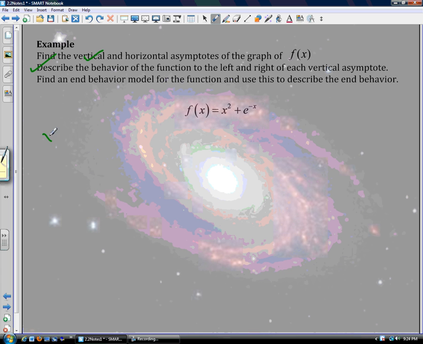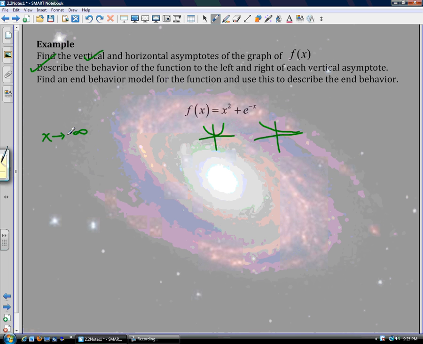So as x goes to positive infinity first, what's going to happen? Well, these two functions that I'm adding together, I have y equals x squared, and I have y equals e to the negative x, which is our exponential decay function. That was a horrible graph. This one approaches the x-axis as I go off to the right.